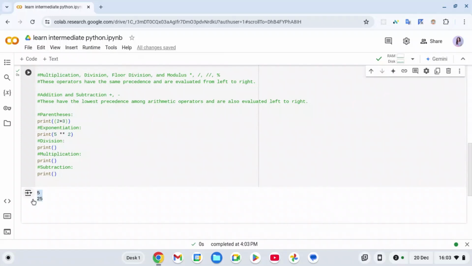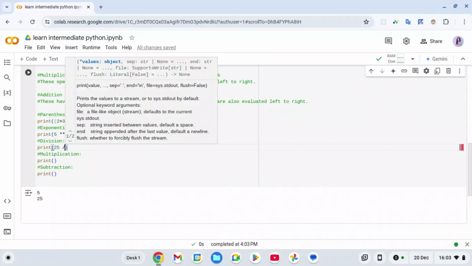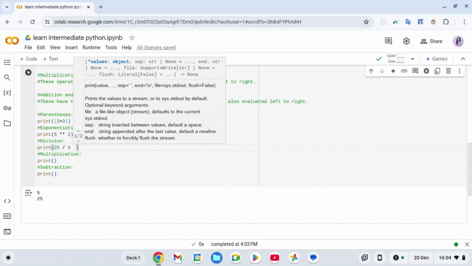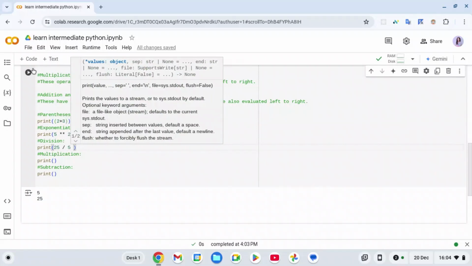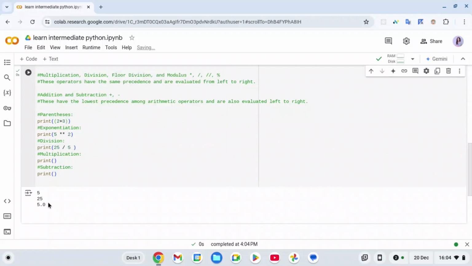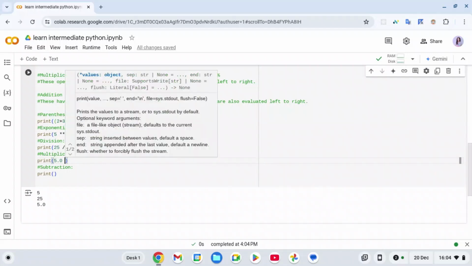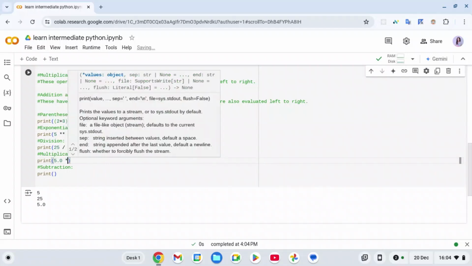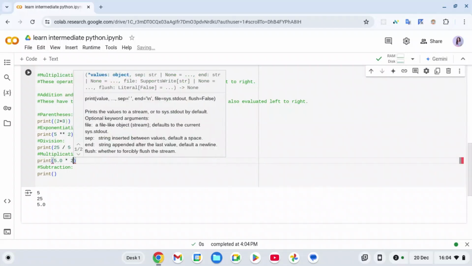So here, guys, we have 25. And then moving on to division, for example, 25 divided by 5 will get 5. You see, guys, we have 5. Moving on to multiplication, 5 times 2, and that will be 10.